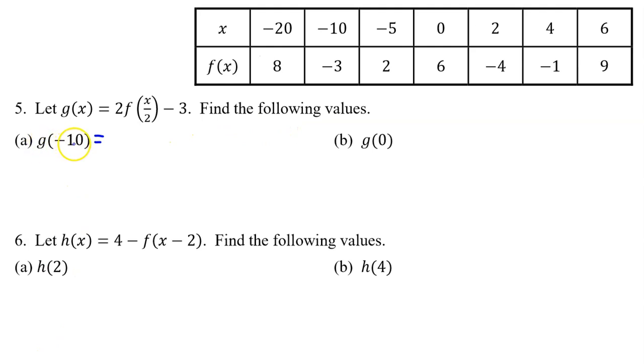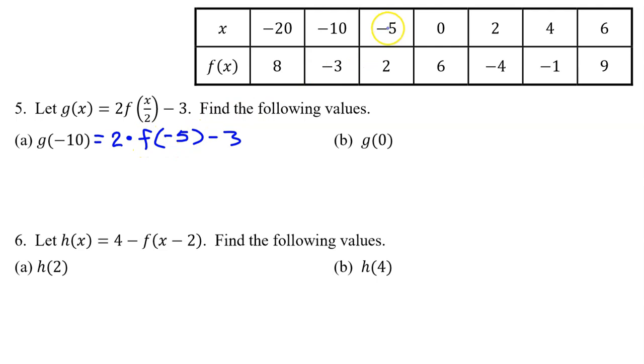Finding g at negative 10 means plugging negative 10 in for x. So this is going to become 2 times f at x divided by 2. So that's negative 10 divided by 2. I'm going to go ahead and put in my negative 5. And then minus 3.